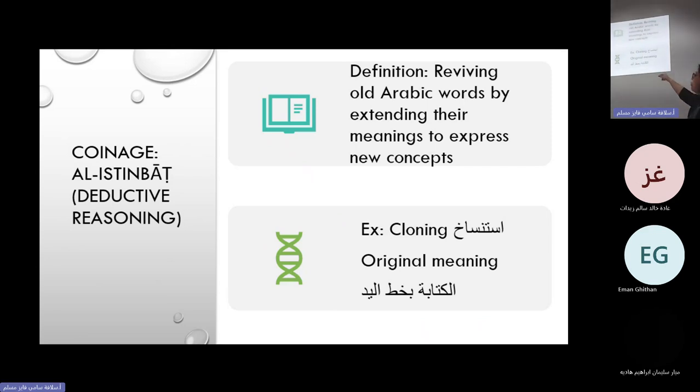So, for example, the word cloning in Arabic is istinsakh. However, the word istinsakh in Arabic in the old meaning means كتابة بخط اليد. Okay? So we took this word and we used it as the equivalent for the word cloning.